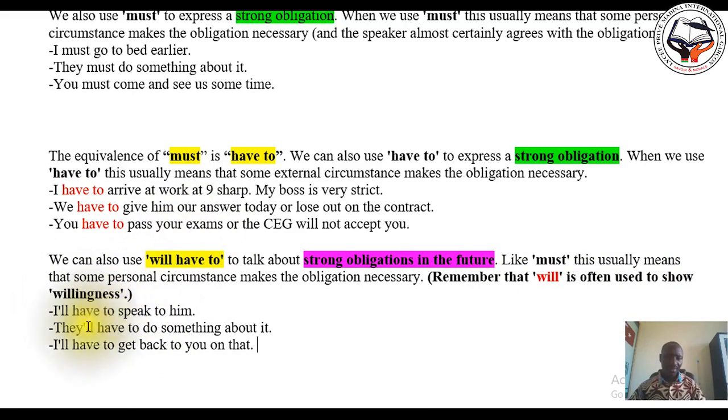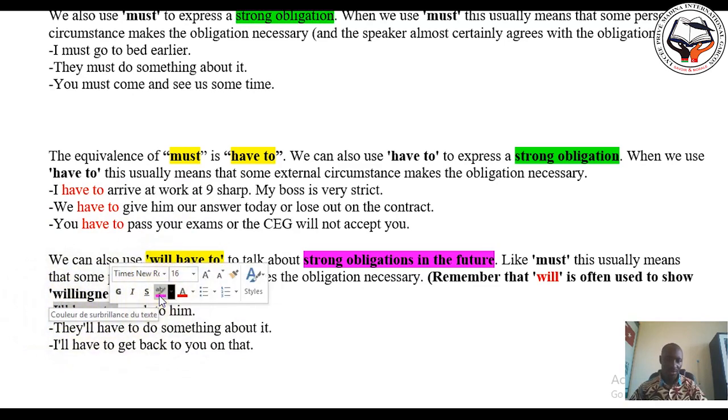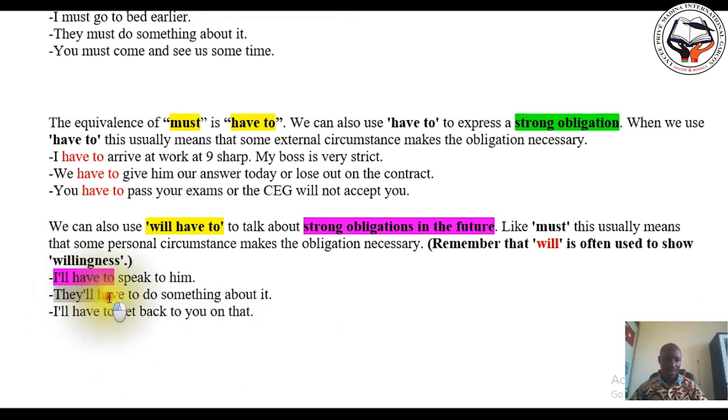I have to speak to him. Strong obligation: I'll have to speak to him. They'll have to do something about it.